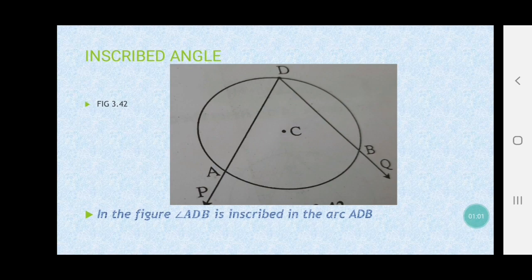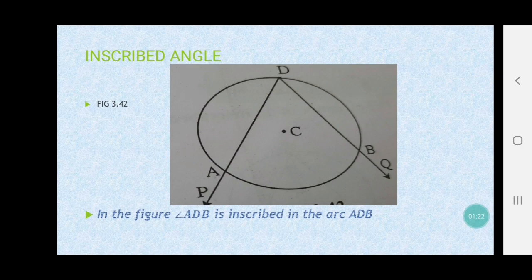So the angle ADB is inscribed in arc ADB. Okay, this is what is called an inscribed angle.